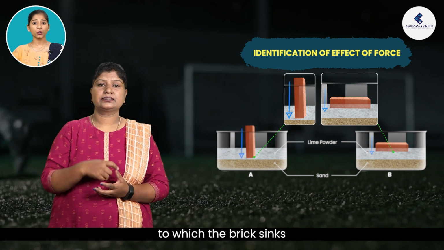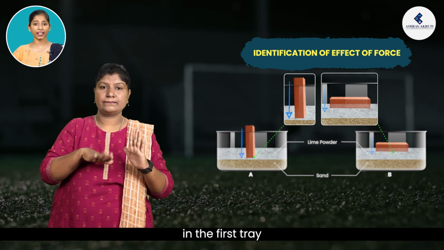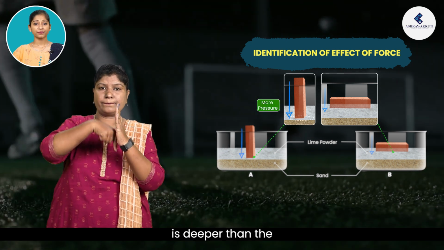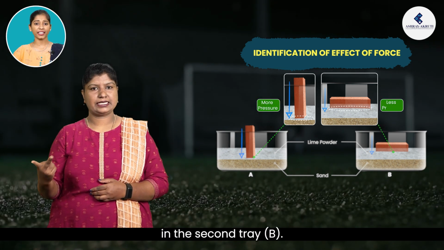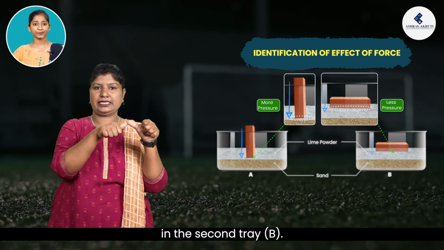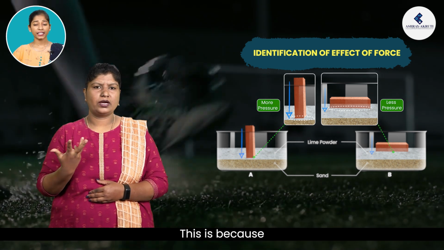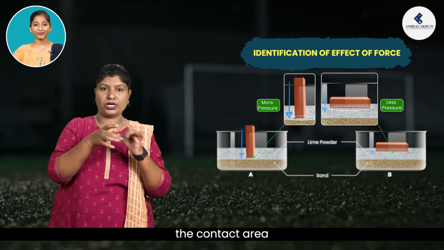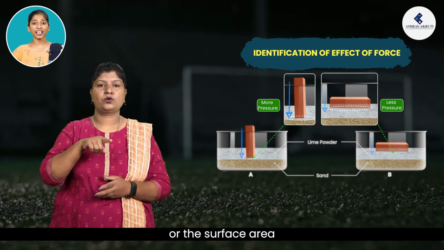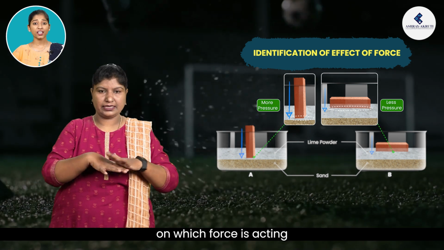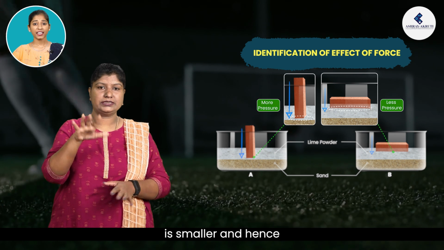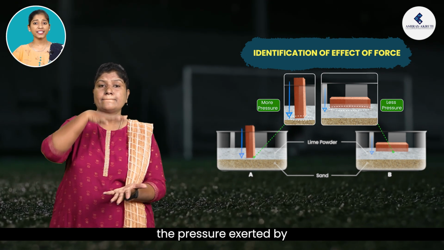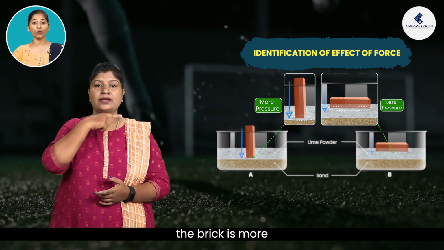The depth to which the brick sinks in the first tray, A, is deeper than in the second tray, B. This is because in tray A, the contact area or the surface area on which force is acting is smaller and hence the pressure exerted by the brick is more.